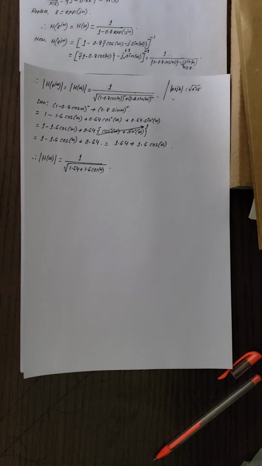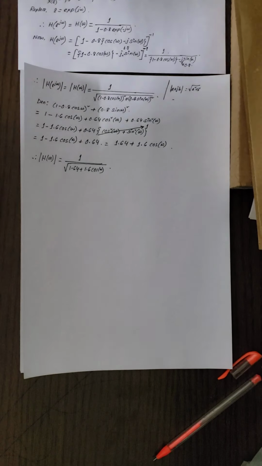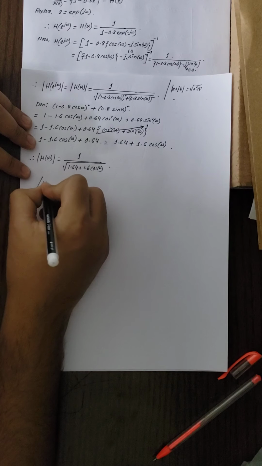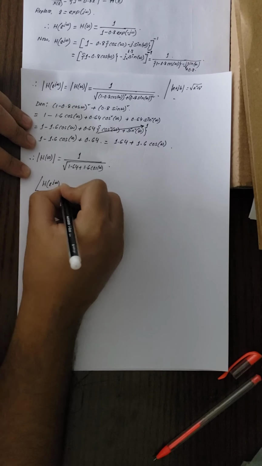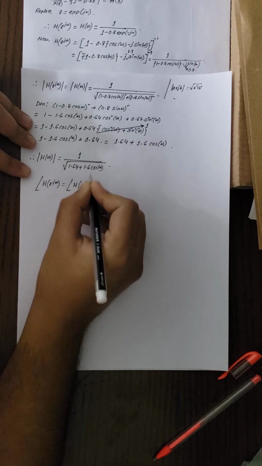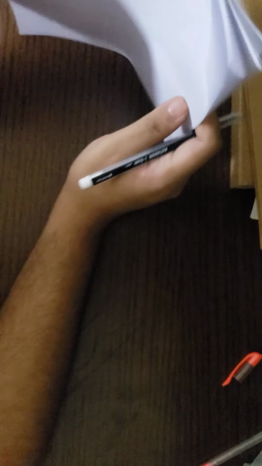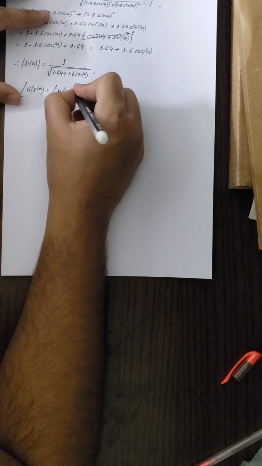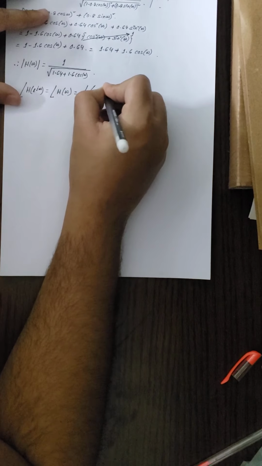Okay, if that's the case, let us calculate the phase response of the system. So the phase response of H of e to the power j omega is equal to angle of H of omega, just a difference in notation. It can be written as the angle of 1 over 1 minus 0.8 e to the power of j omega.